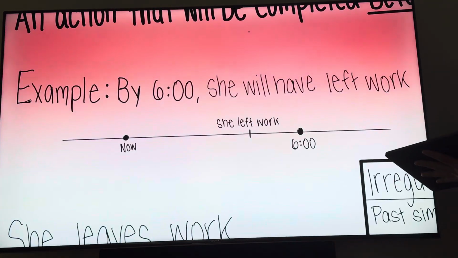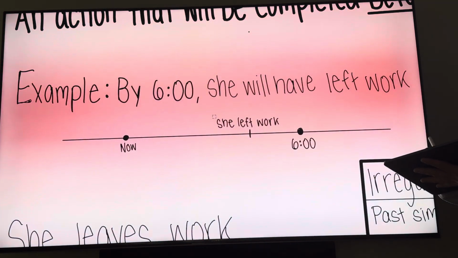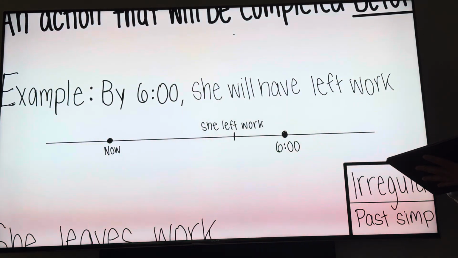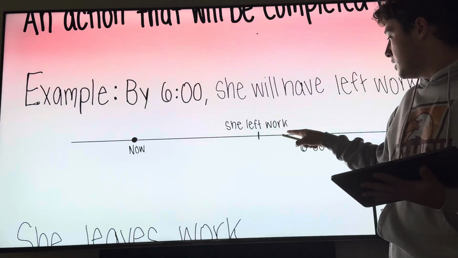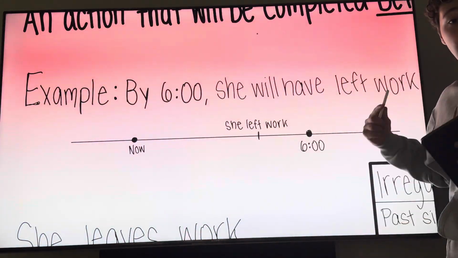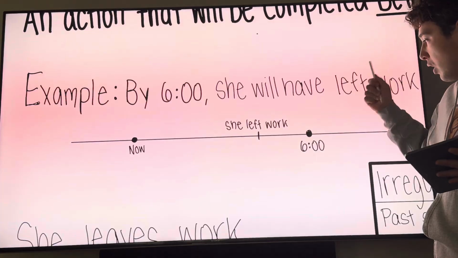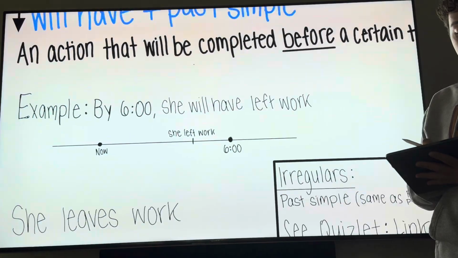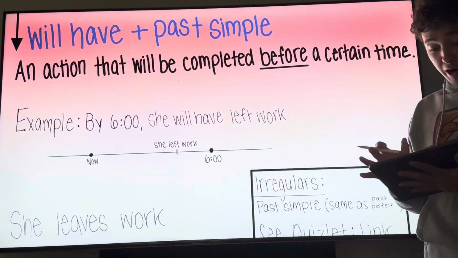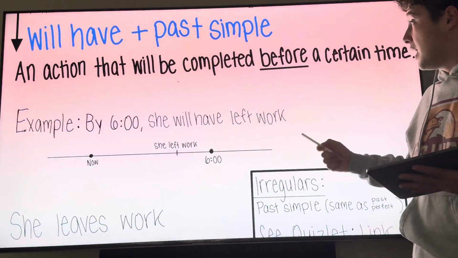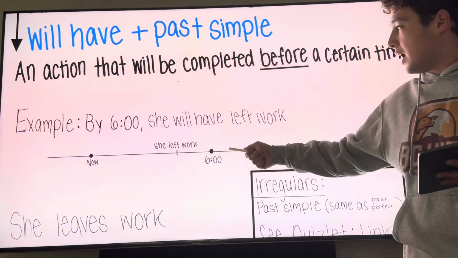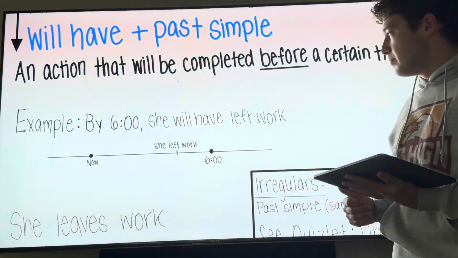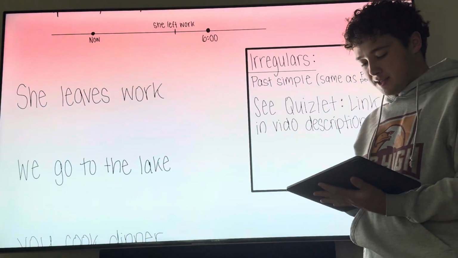Now, she leaving work could be in any part of this time frame. It could be perhaps over here. It could be here. But by 6, so before or at 6, she will have left work. That is the future perfect in a nutshell, is that by a certain time, this action will have already happened. Okay, let's take a look at some practice.